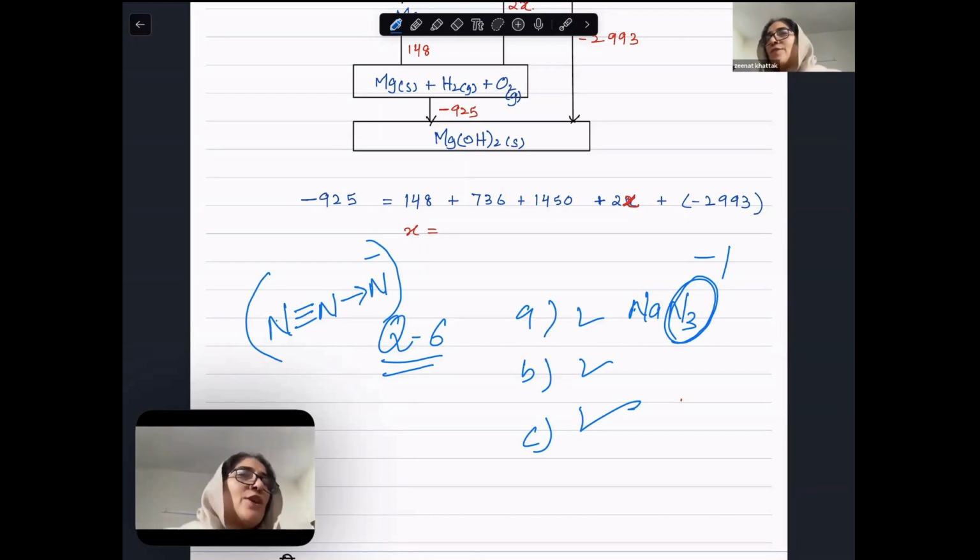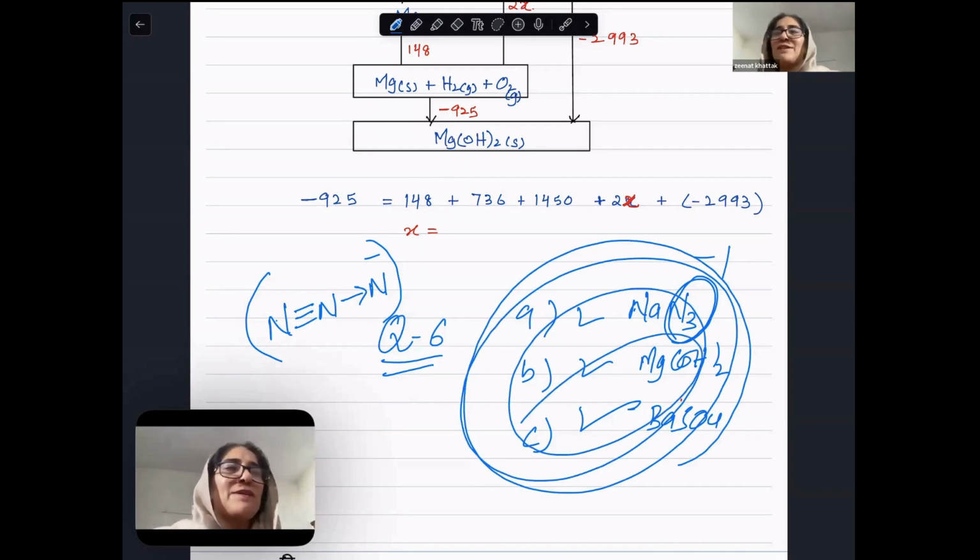Now, the second question is about magnesium hydroxide and then barium sulfate. All these are in your past papers in recent years. So you must know how to construct the Born-Haber cycle and find delta H for molecular ions as well as other simple binary ionic compounds.